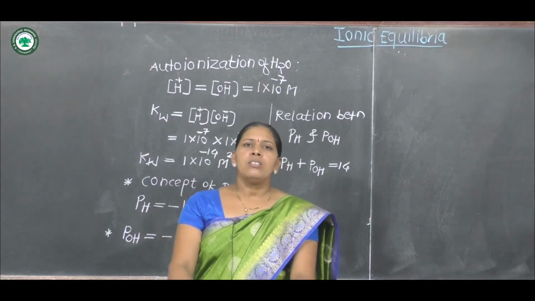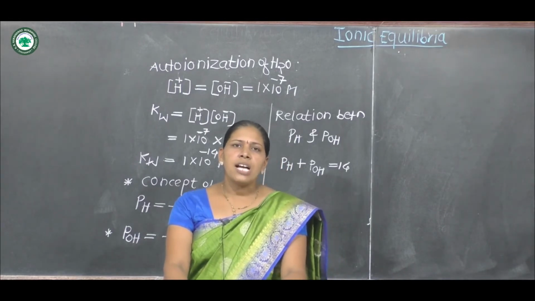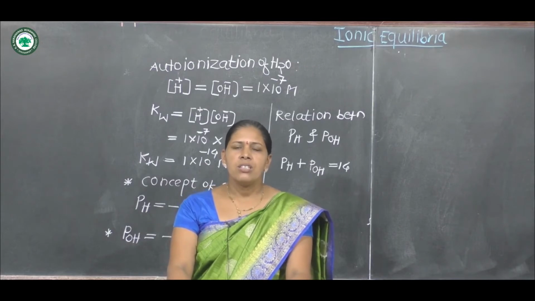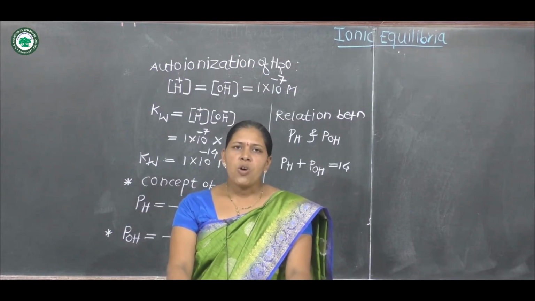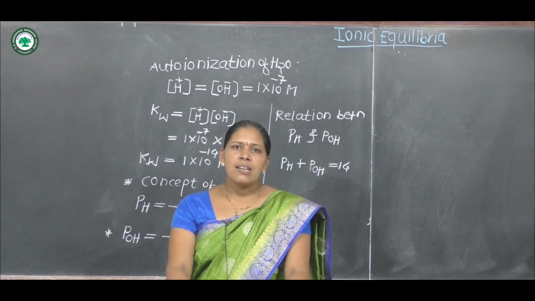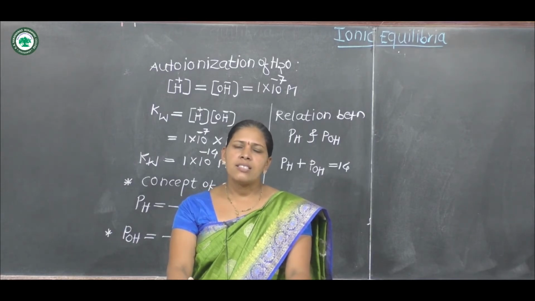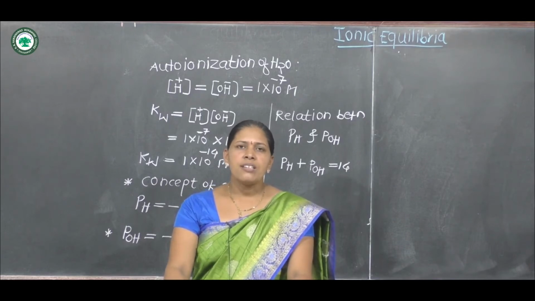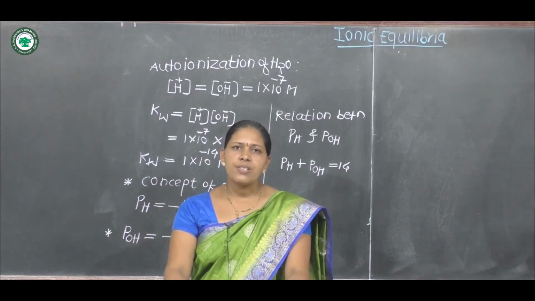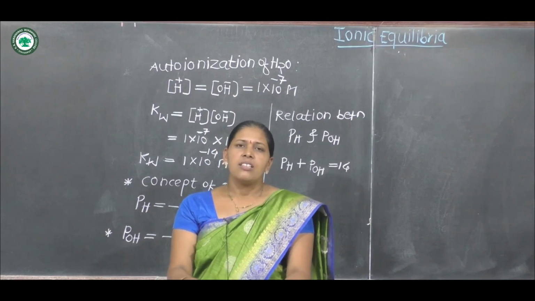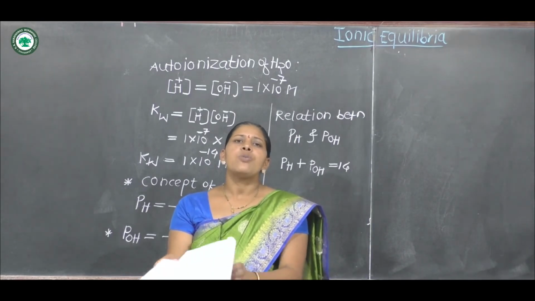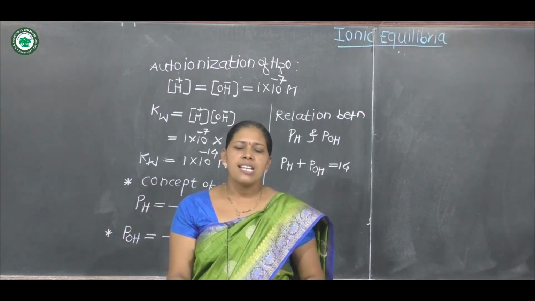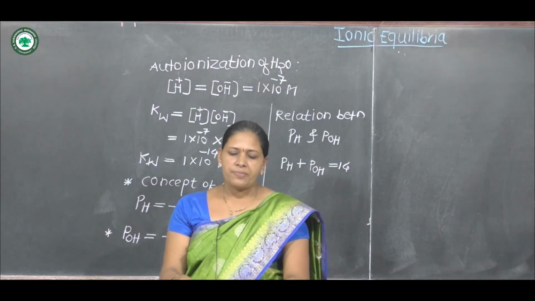For basic solution, hydroxyl ion concentration is always greater than H plus ion concentration. Therefore pH of basic solution is always greater than 7. And the solution in which concentration of H plus ion is exactly equal to concentration of OH minus ion is called a neutral solution. And for neutral solution pH is exactly equal to 7.